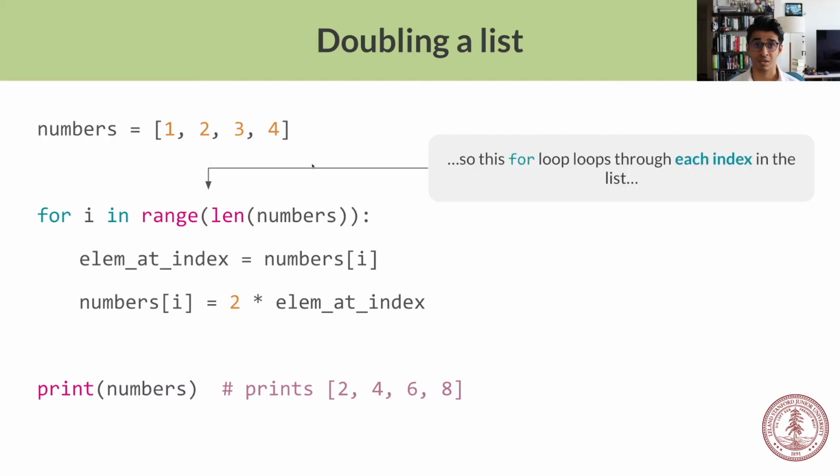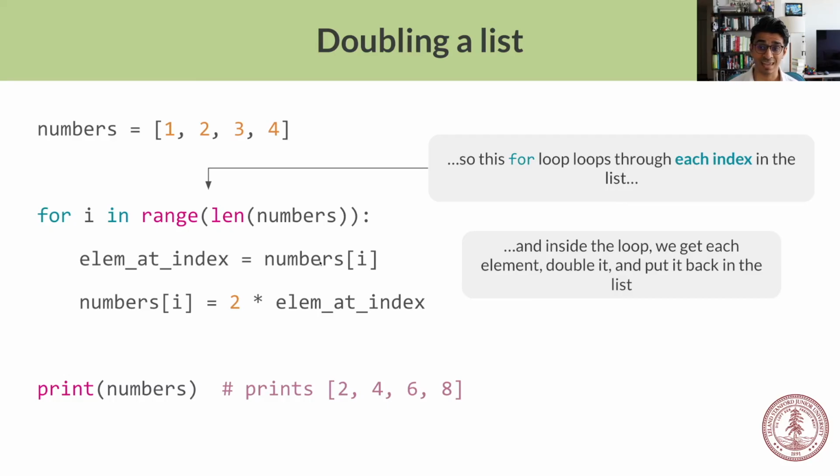To put that quickly, this for loop loops through each of the indices in this list. And once it loops through each of these indices, we can use those indices to first get the element at this index. So if, for example, i would be equal to 0, we'd say, okay, go ahead and set i to 0 and grab the first element of this list.